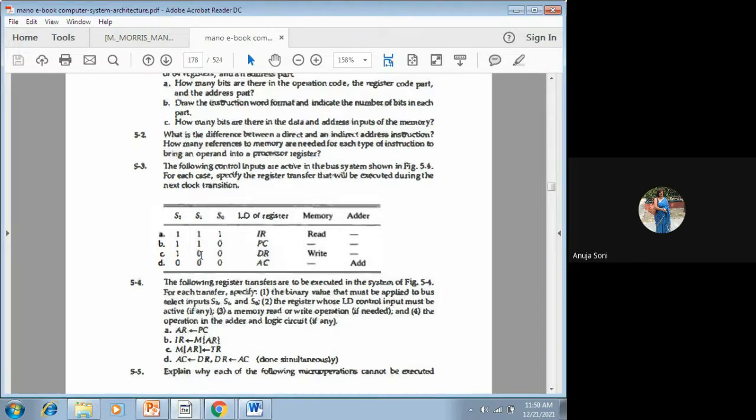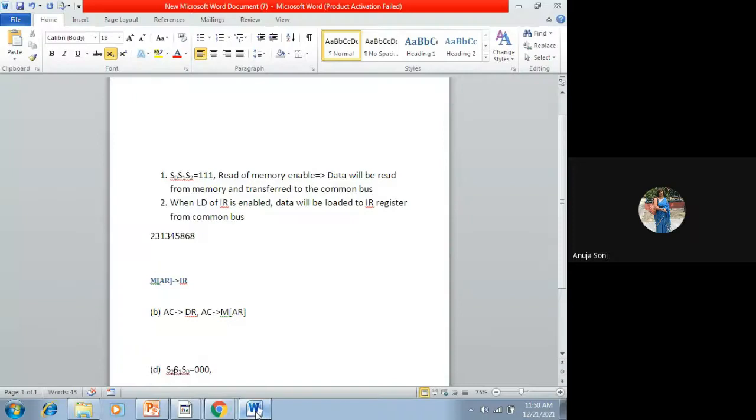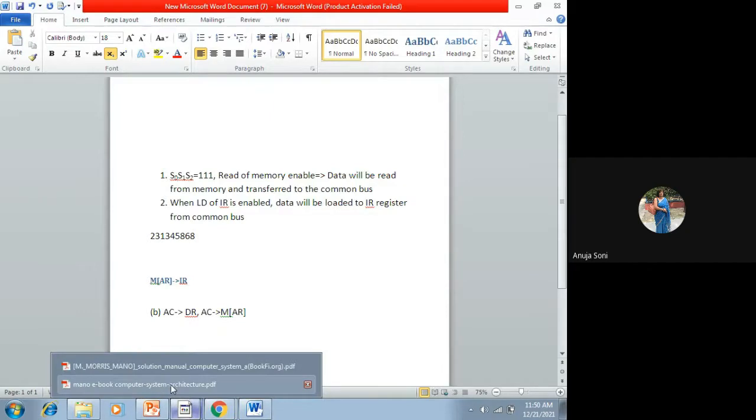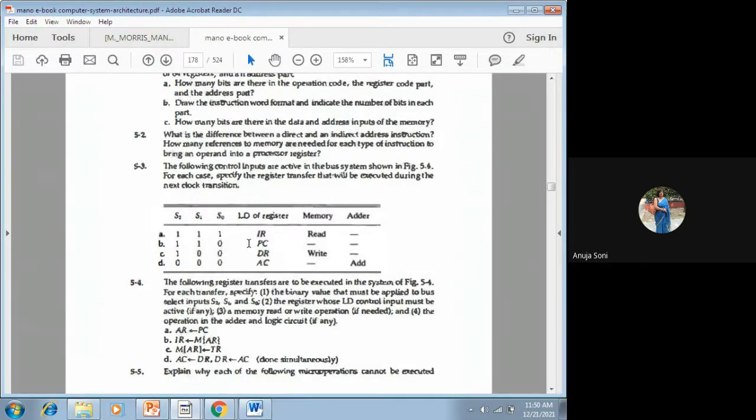Okay. Now the value of S0, S1, S2 will be explicitly mentioned in the given problem. As and when its value becomes 000, the add operation gets activated through the adder and logic circuit, and load of register.